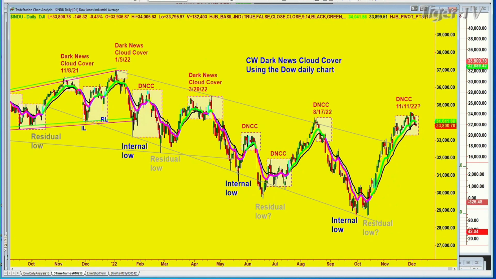And that got me thinking about what I call the internal low and the residual low. So it's like an earthquake and an aftershock. You'll see how many times you make that internal low, then residual low.